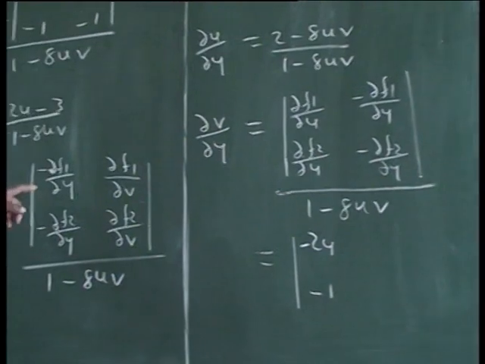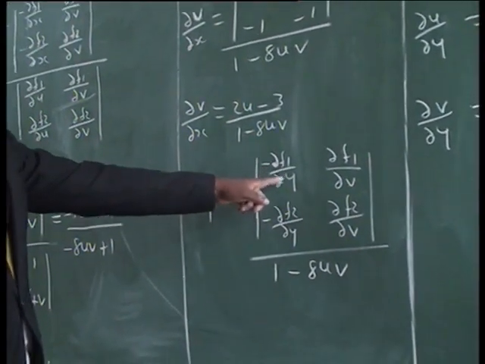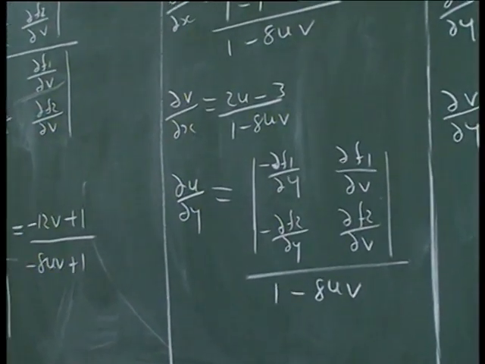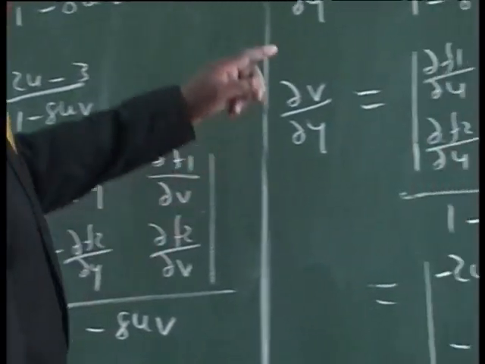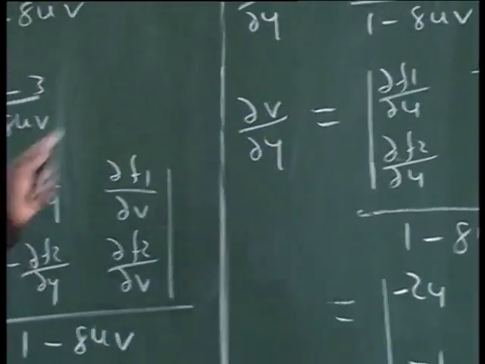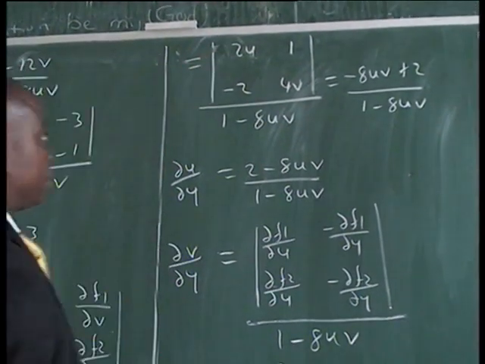Now look at it. We have minus partial f1 partial y. Partial f1 partial y is minus 2u, so because of the minus that is here, here will be plus.